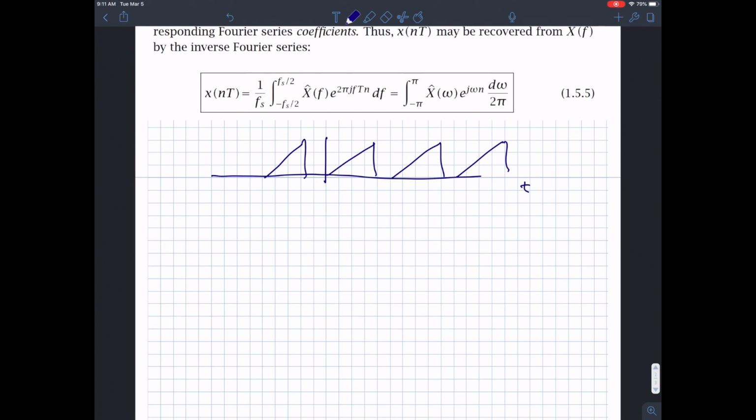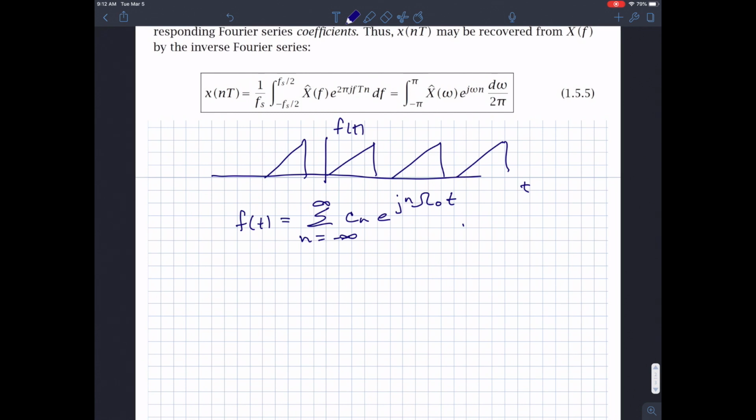So if this is f of t, then f of t can be written as a sum from n equal minus infinity to infinity of Cn e to the j n omega naught t. I'm going to use capital omega here, because we're in continuous time frequency.